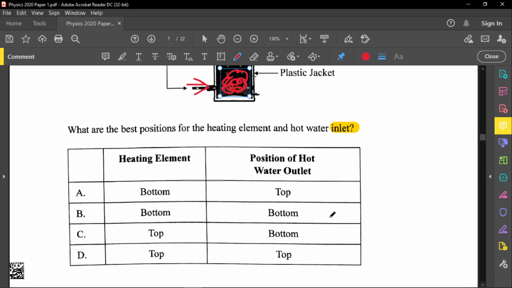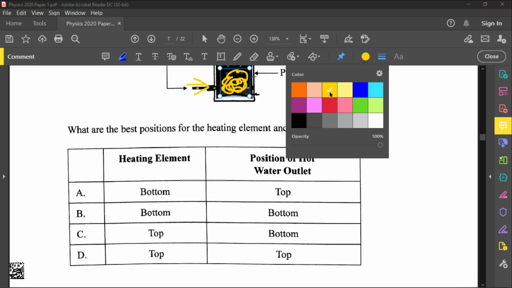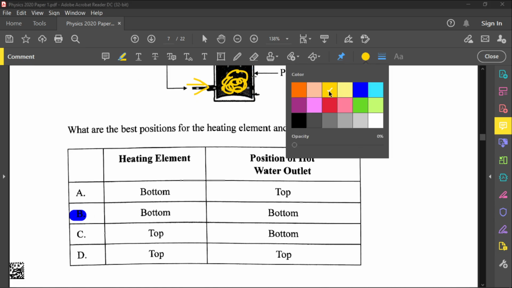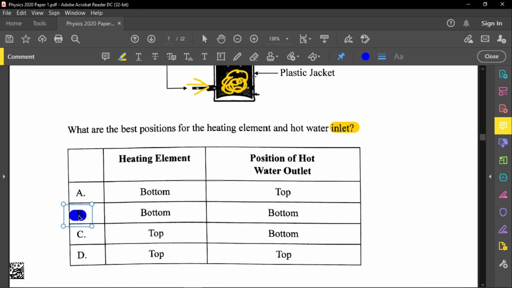So this is option B. Okay, outlet is at the top, inlet should be at the bottom. All right, so this is option B for this question here.